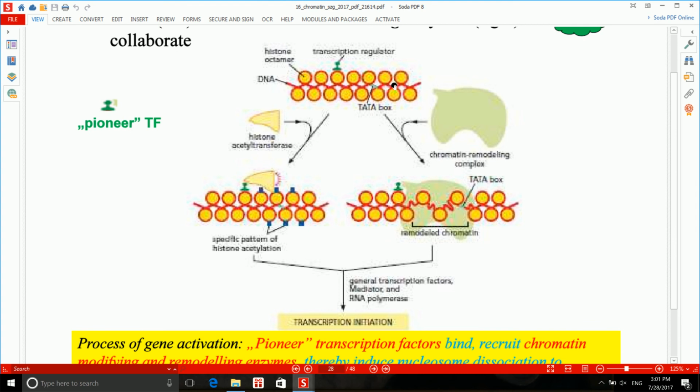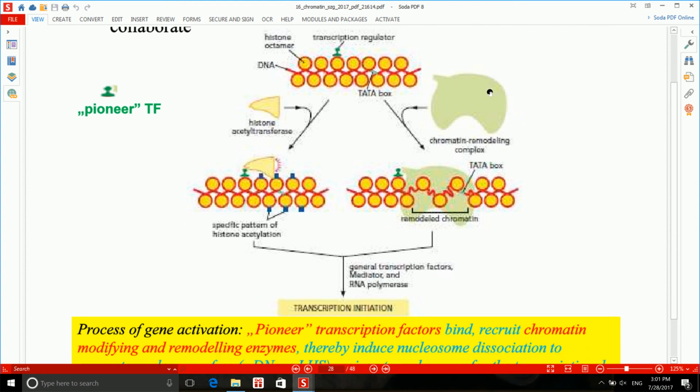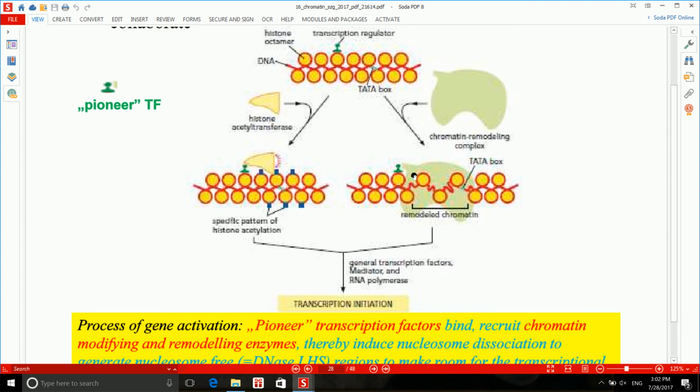But with all these nucleosomes here, they can't be transcribed. So we've got this chromatin remodeling enzyme, which comes and binds on those sequences and uses energy, uses ATP hydrolysis, in order to get rid of these nucleosomes on those sequences and make them accessible and active.